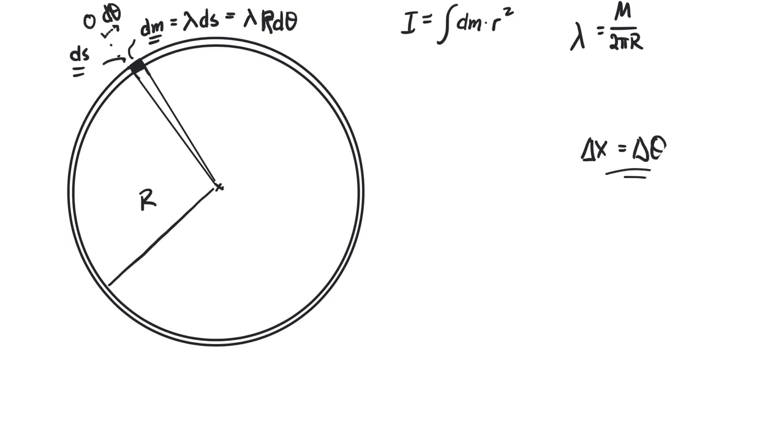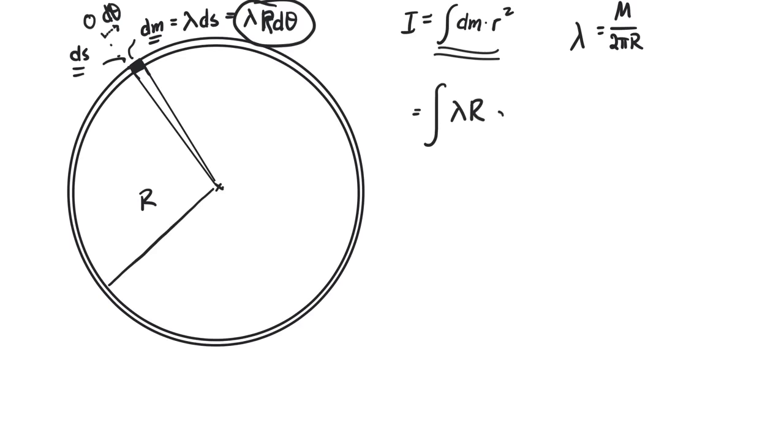Now, all of those steps were to try and find a way of expressing the geometry of the object. That's what that was all about. So that I can begin to assemble my integral in terms of something that's about geometry as opposed to something that's about mass. So I'm going to pull all the pieces together that I have. First, my integral symbol. Second, I'm going to use this for dm, lambda capital R d theta.